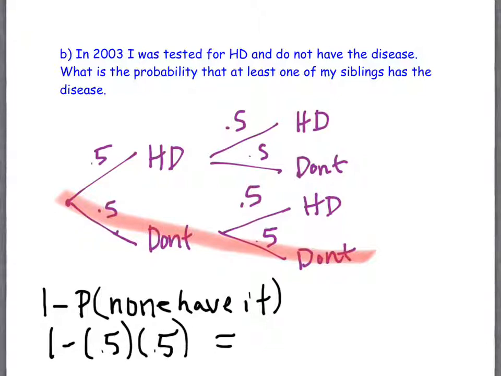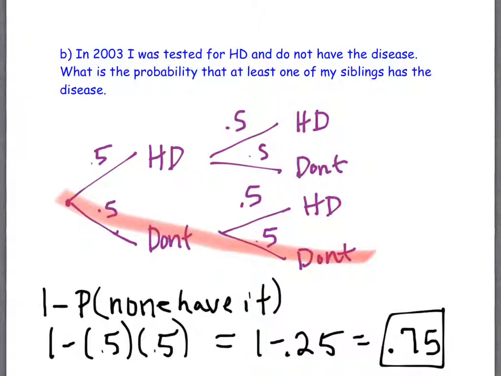And if we calculate this, what is the final probability that at least one of my siblings has Huntington's disease? And then 1 minus that. So 0.75, right, Allison? Yeah. So 0.75 is the probability. There is still a 75% chance that at least one of my siblings has Huntington's disease.